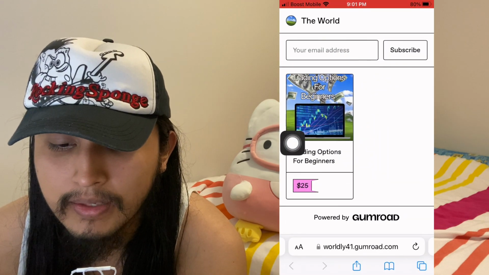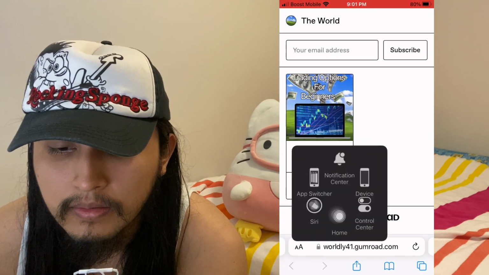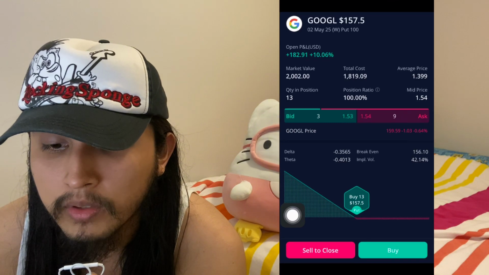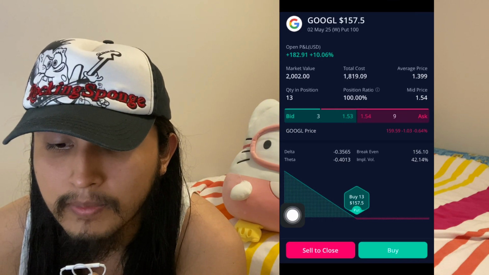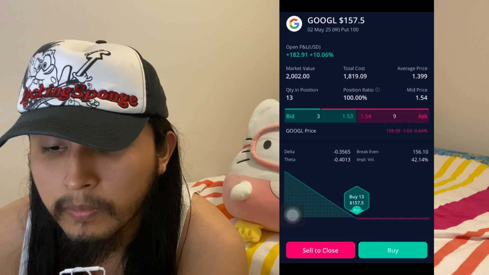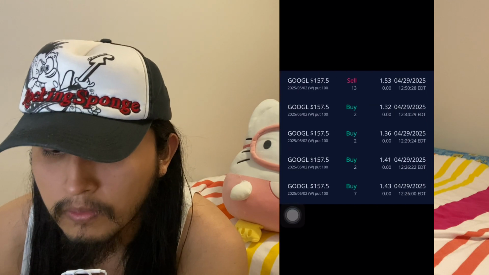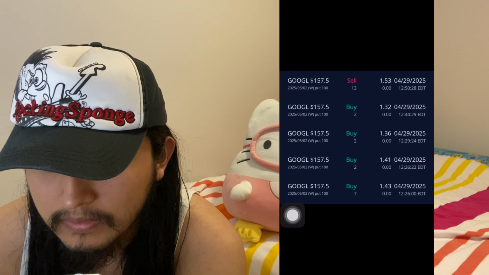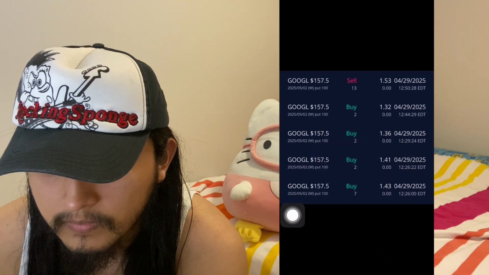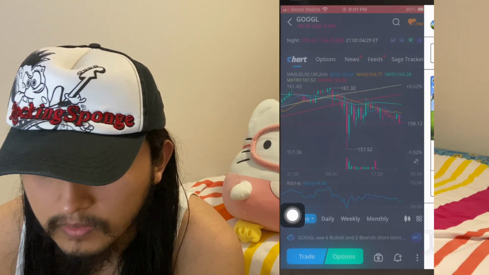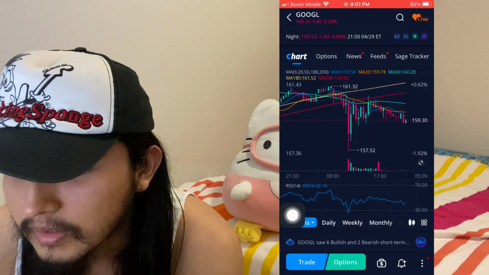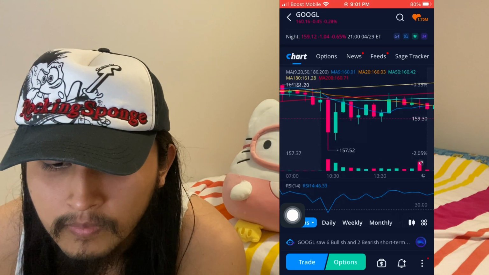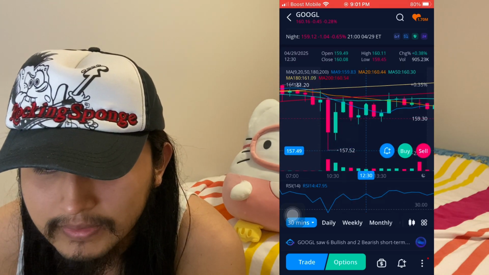And basically, how did I make $182.91 trading Google put options? So looking at Google at 12:26, on the 30-minute time chart.